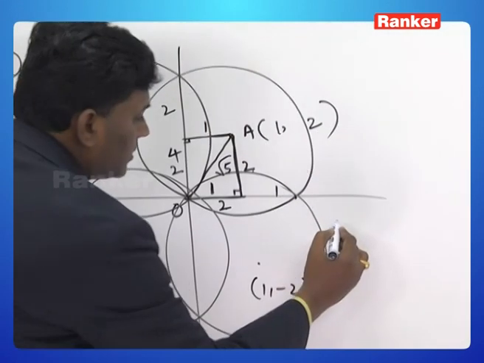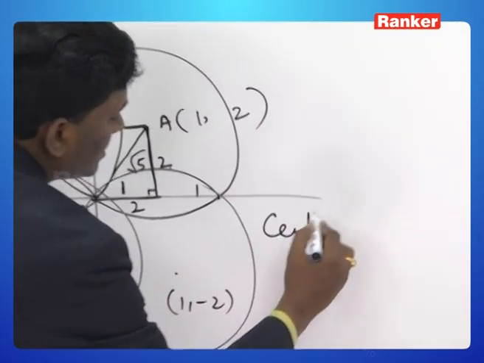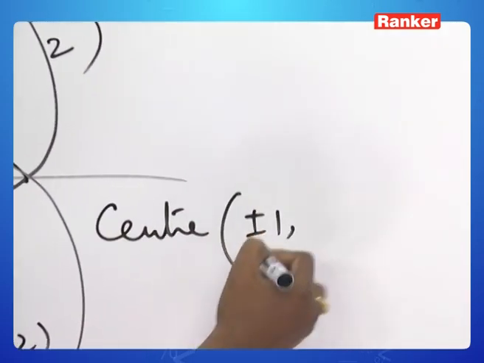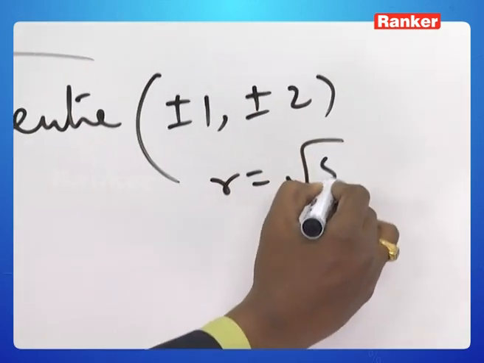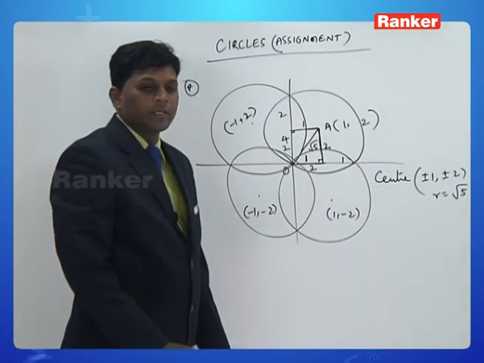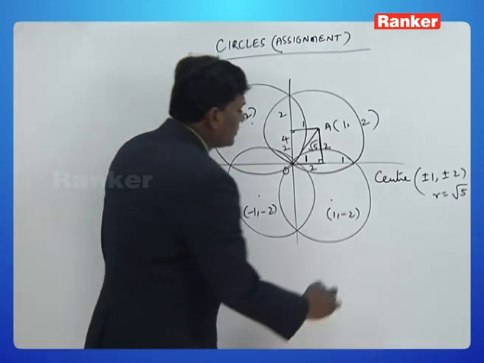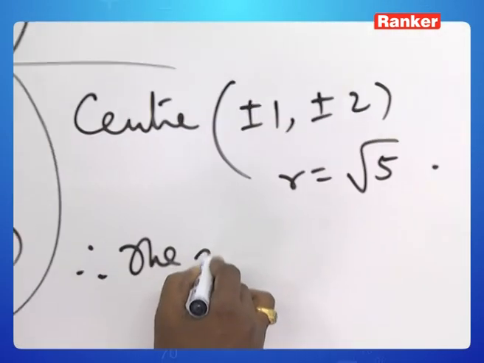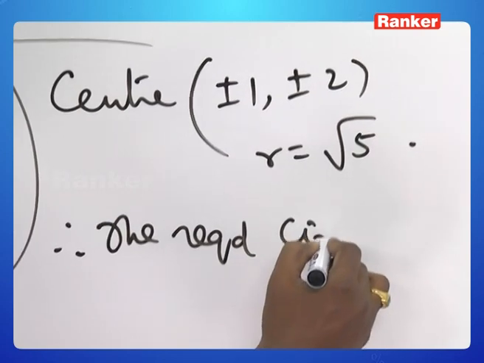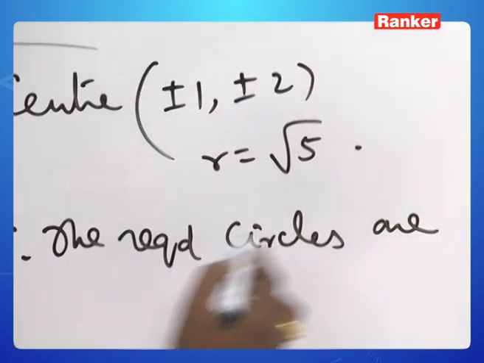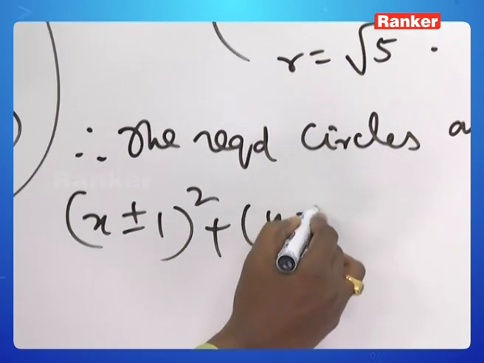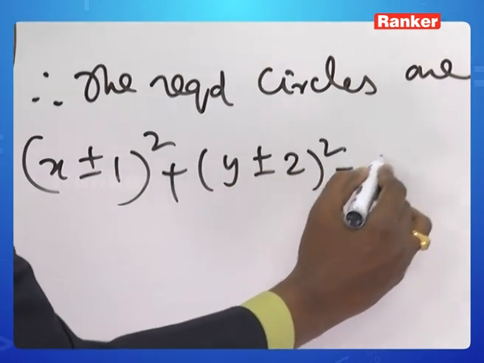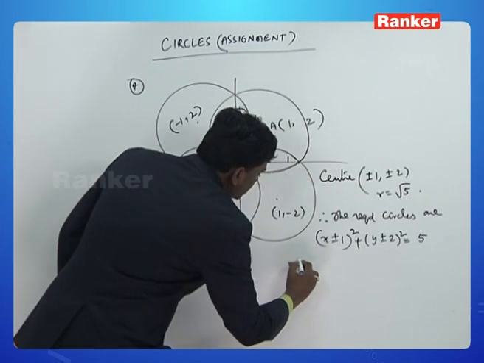Therefore the center for all these circles can be taken together as (±1, ±2), and the common radius of all these circles is root 5. Applying the center and radius form, the required circles are (x ± 1) whole square plus (y ± 2) whole square equals root 5 square, which is 5.